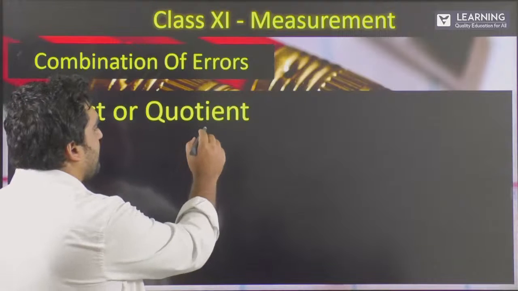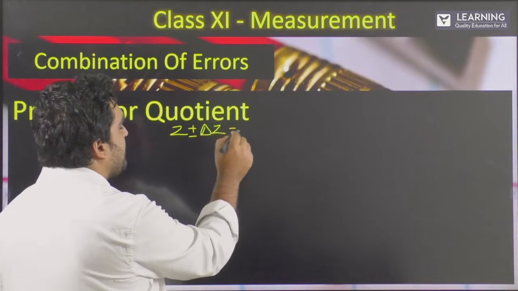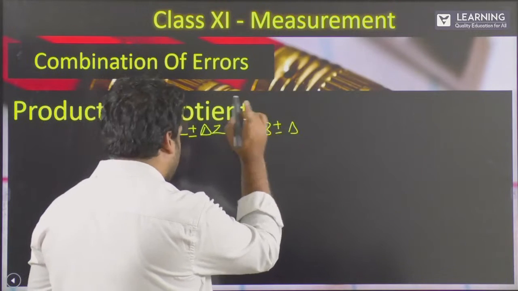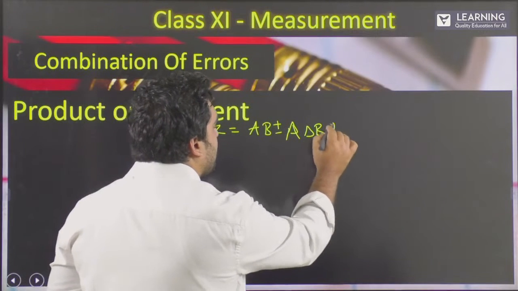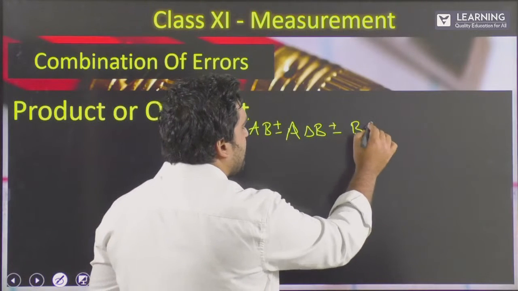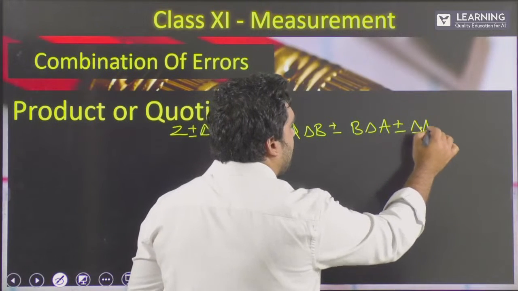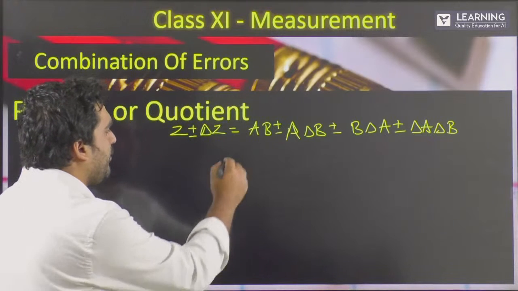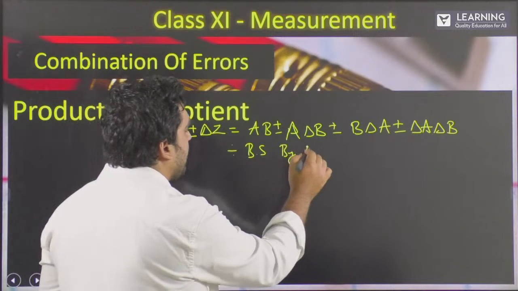So Z plus or minus delta Z equals AB plus or minus A delta B plus or minus B delta A, if I'm not mistaken, plus or minus delta A delta B. Yes, you can check while I'm writing delta A and delta B. Correct? Now we divide both sides by AB.